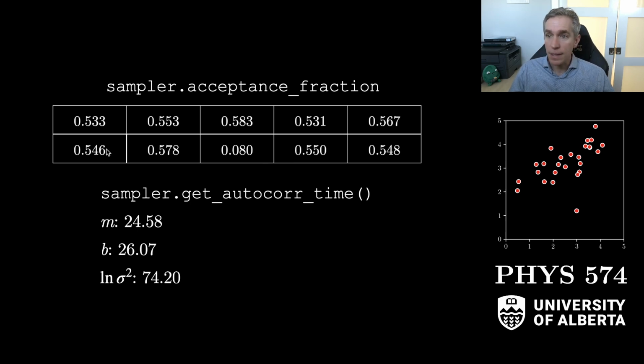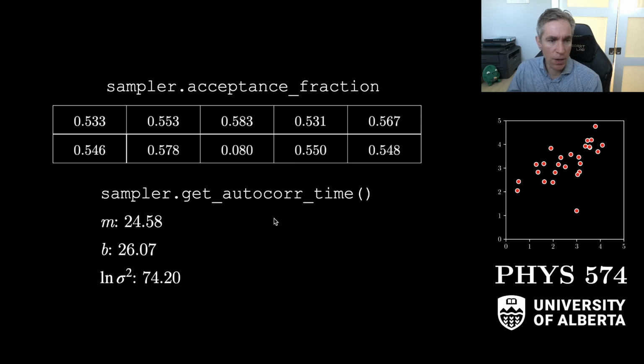We can see this in the acceptance fraction really quickly, is that we've increased the dimensionality of our problem. So our acceptance fraction overall is going to drop down a little bit, to like 0.55 or so as a typical acceptance fraction. But then there's this one walker, which is clearly our bad walker, down here at 0.08, outside of our acceptable zone and into the unfriendly territory.